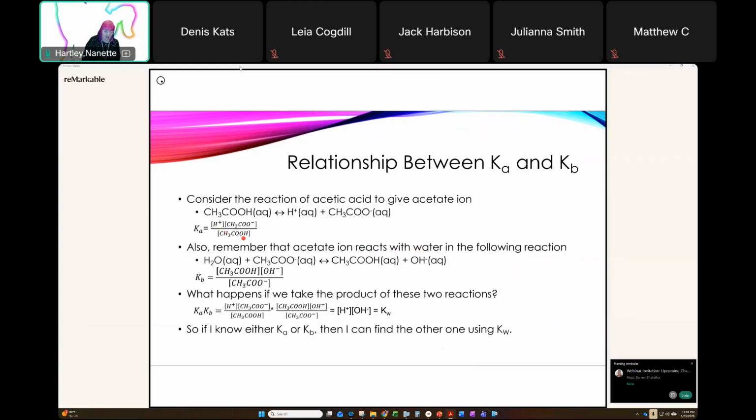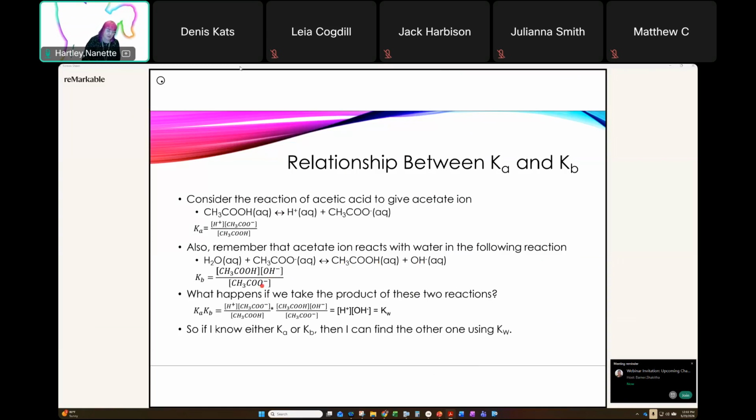But the acetate ion also reacts with water in this reaction right here to give you back that CH3COOH and an OH minus, and that has this Kb, where I have CH3COOH times OH minus over CH3COO minus.